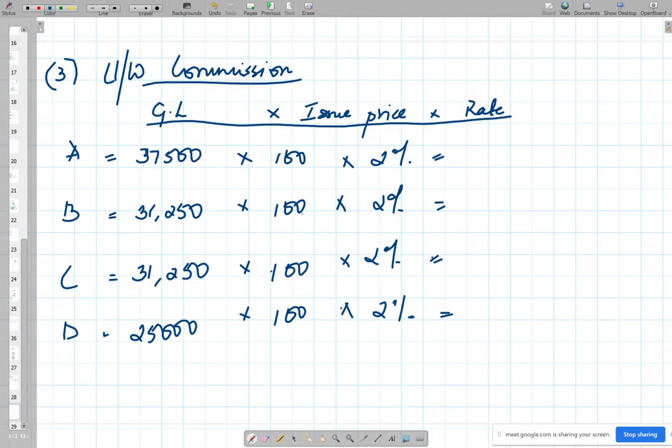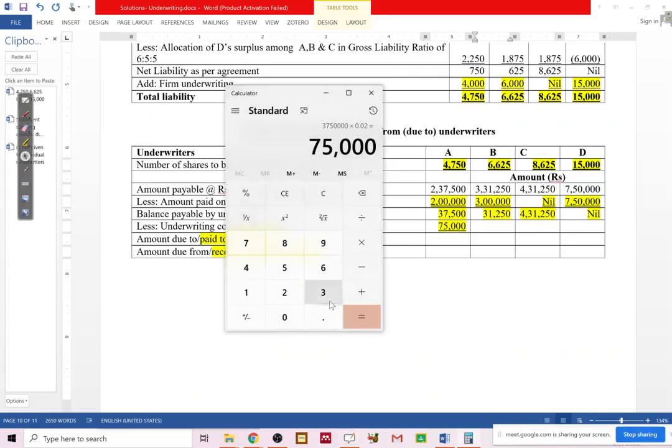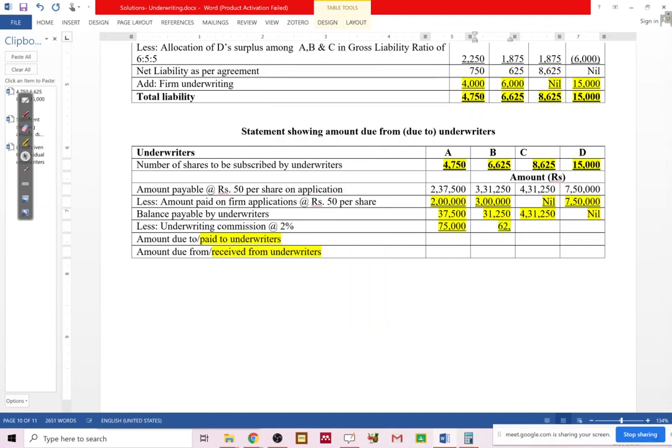It is 31,250 multiplied by 100 into 2%, which is 62,500. Both B and C have the same gross liability, so their commission will also be the same, 62,500.